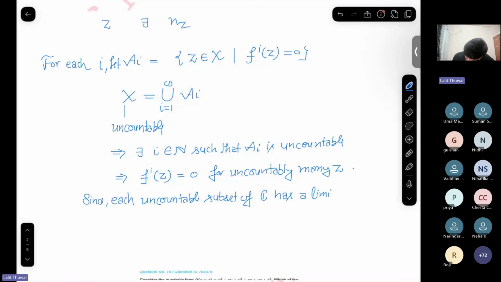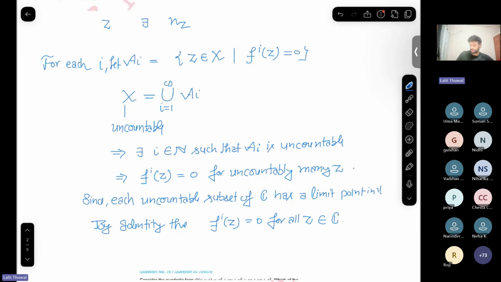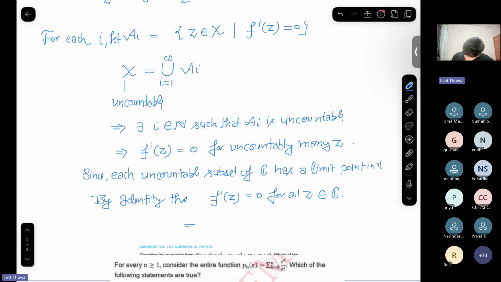So by the identity theorem, f(z) equals 0 for all z in C. This means f is a polynomial.